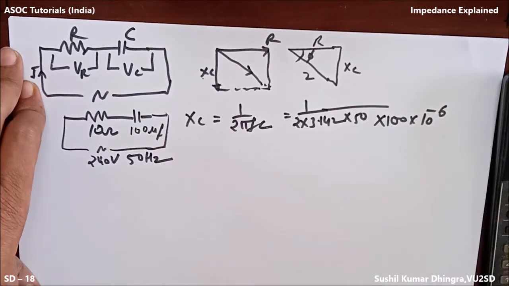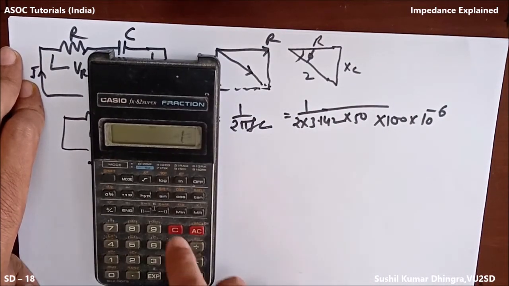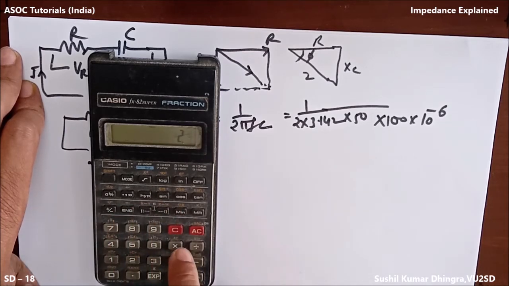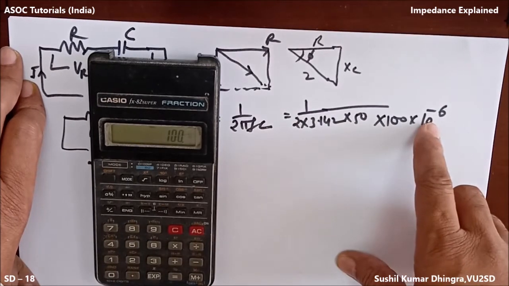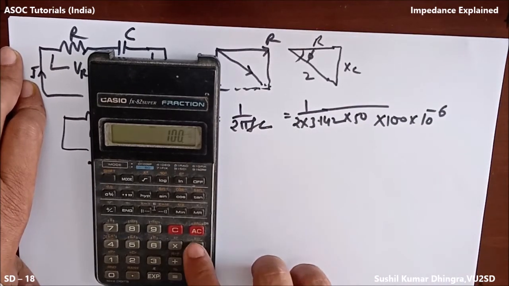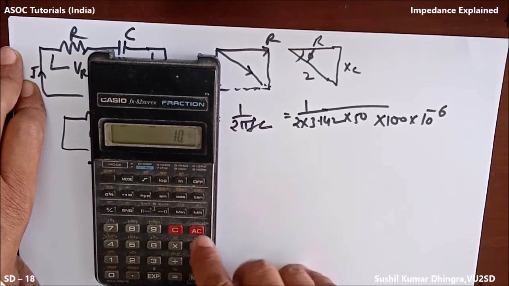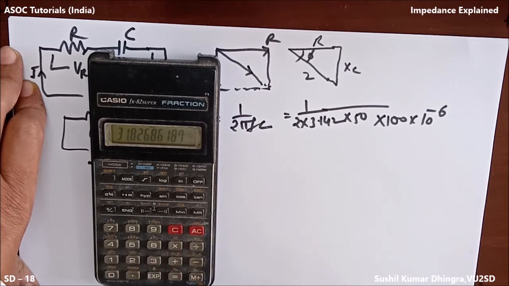Going straight away, the same way: 1 divided by bracket start 2 into 3.142 into 50 into 100, but here the power is negative, so divided by 10 raised to 6.